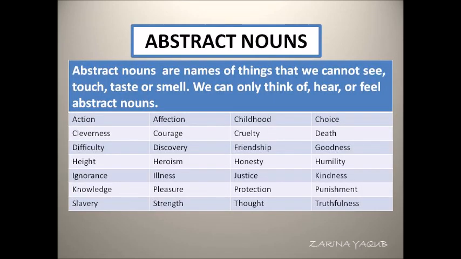Abstract nouns are names which refer to the things we cannot taste, touch, or see. These can be names of quality, state, or concept. All the words listed below are the examples of abstract nouns. Action, affection, childhood, choice, cleverness, courage, cruelty, death, difficulty, discovery, friendship, goodness.